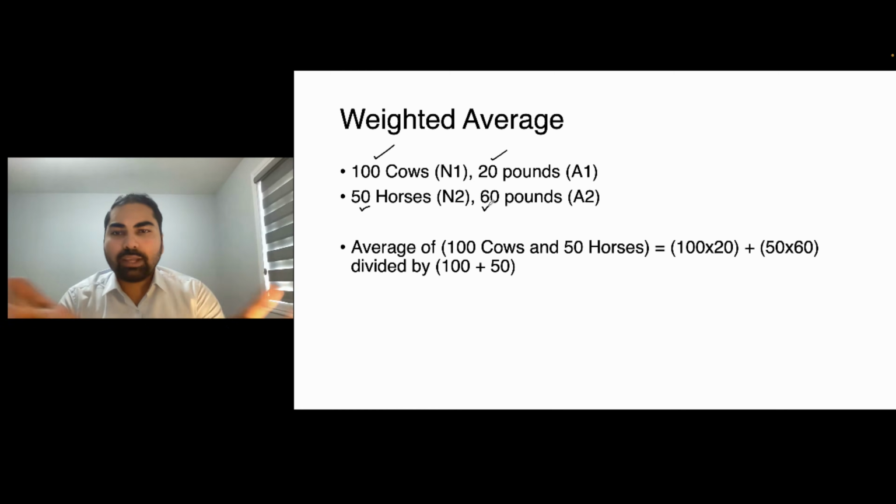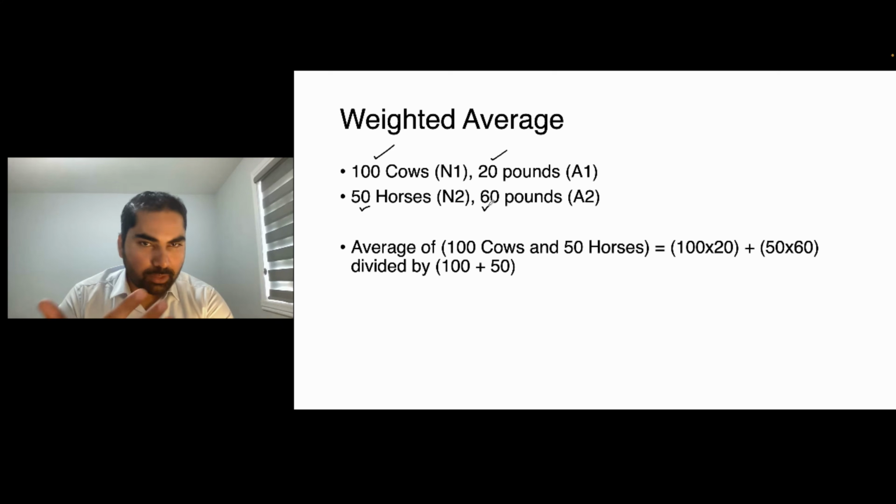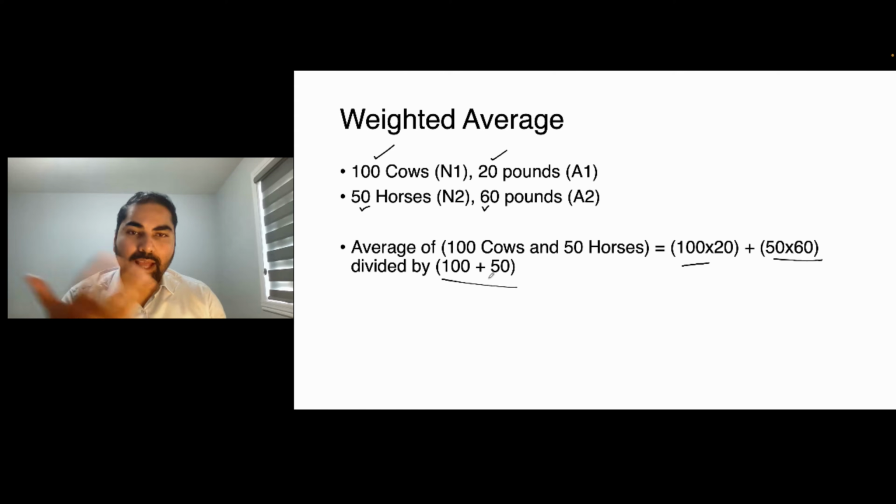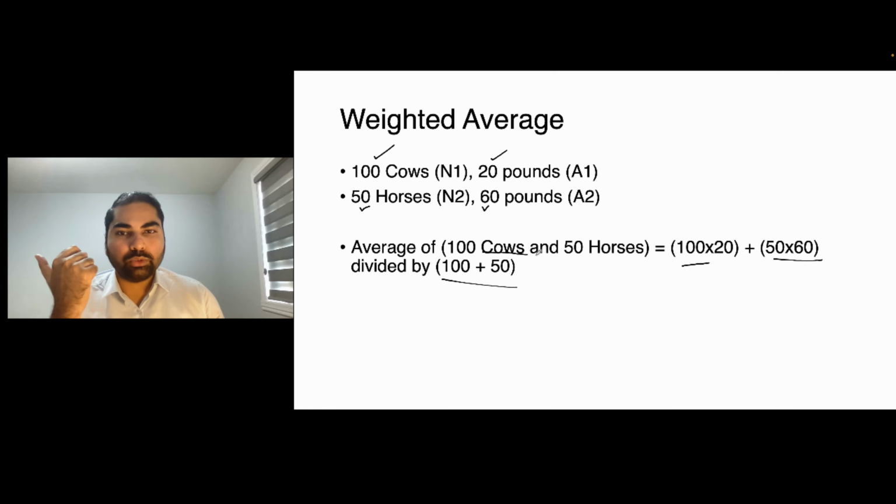If you were to calculate the average of 100 cows and 50 horses together, you would sum up the weight of all the cows, sum up the weight of all the horses, and then divide by the number of horses and cows. That gives you the average of all the cows and all the horses.